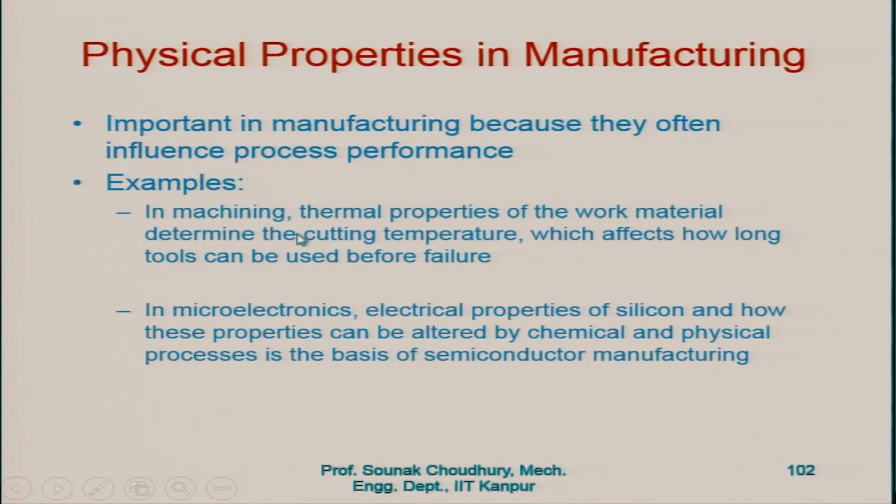Other examples additionally. In machining, for example, the thermal properties of the work material determine the cutting temperature, which affects how long tools can be used before failure. In microelectronics, the electrical properties of silicon, and how these properties can be altered by chemical and physical processes, are the basis of semiconductor manufacturing.